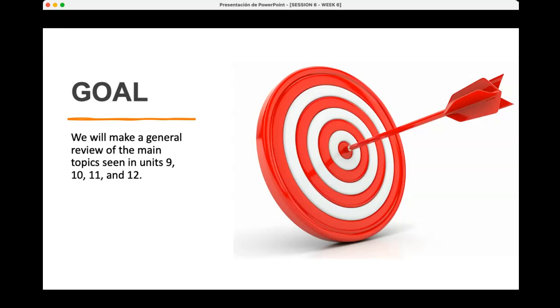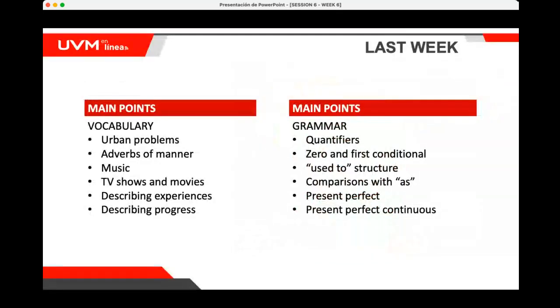So we don't have any other session, and that's why on this occasion we need to review units 9, 10, 11, and 12. Let's go with this. Last week we were talking about, as usual, vocabulary and grammar.